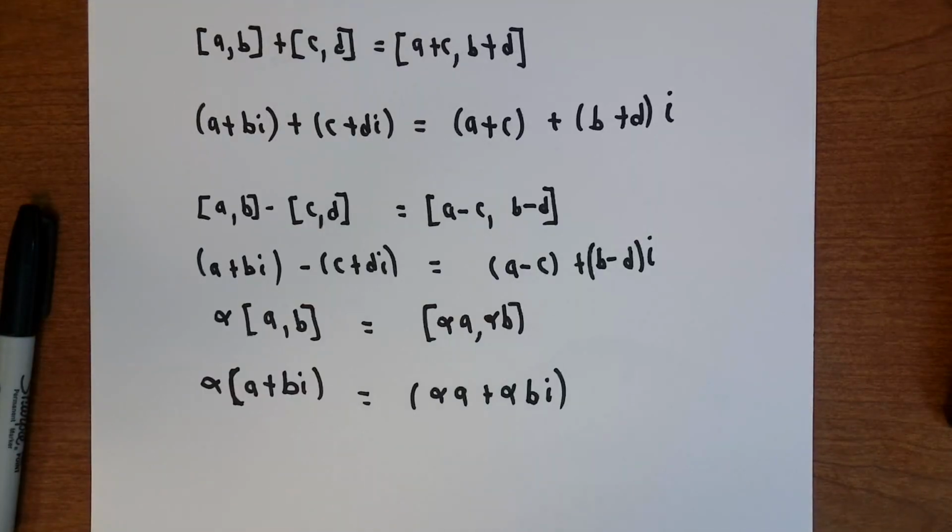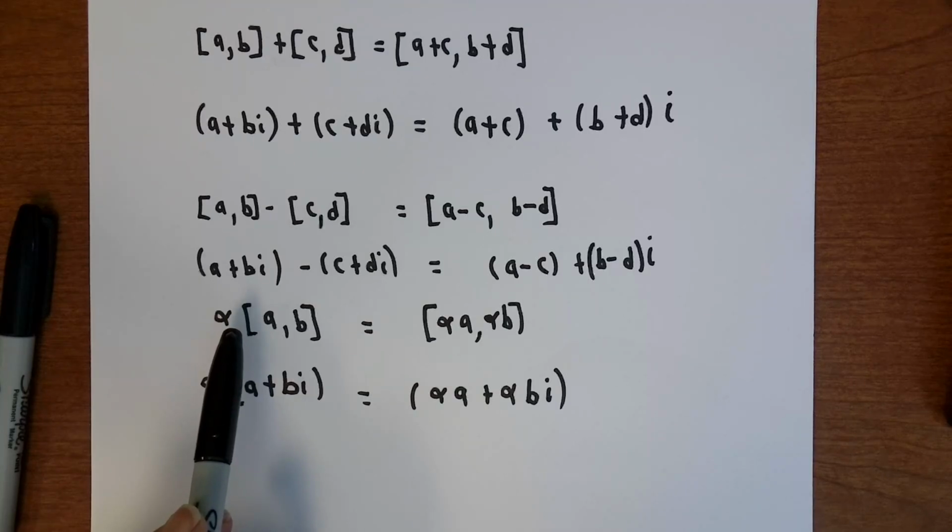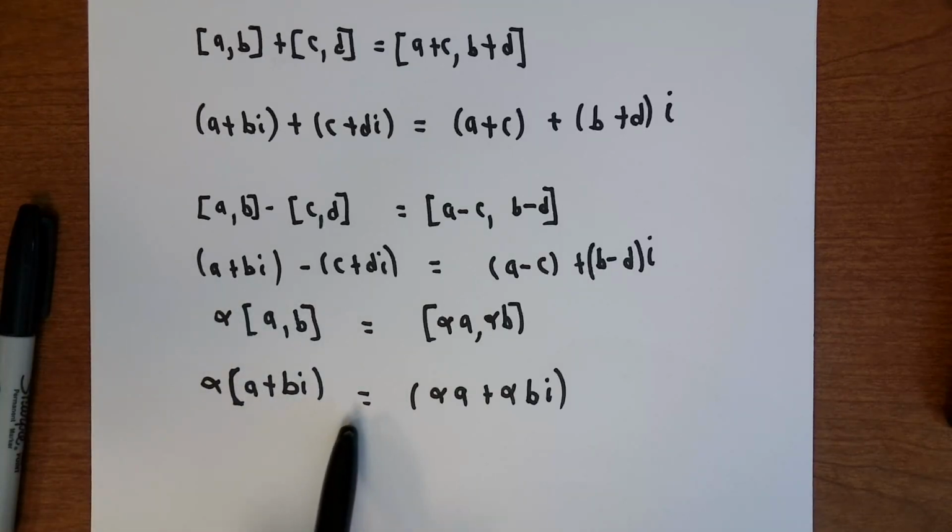Something exactly similar happens for subtraction and multiplication by a real. This rule, if I think of my [a, b] brackets as a plus bi, literally is the distributive law.